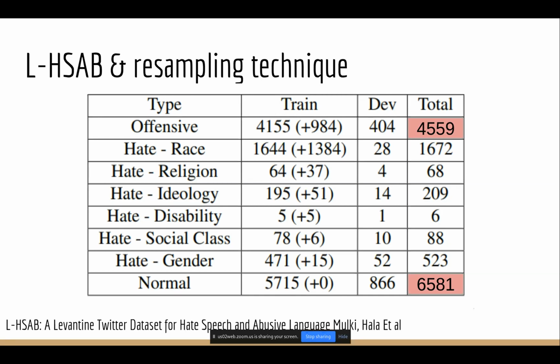The dataset basically gives 3 labels, which are hate speech, abusive speech, and normal. So for the sake of this workshop, we had to relabel it into all the different hate speech categories. And after adding it to the original dataset, we had to downsample the offensive and normal and oversample the hate speech to make it a little bit more balanced.